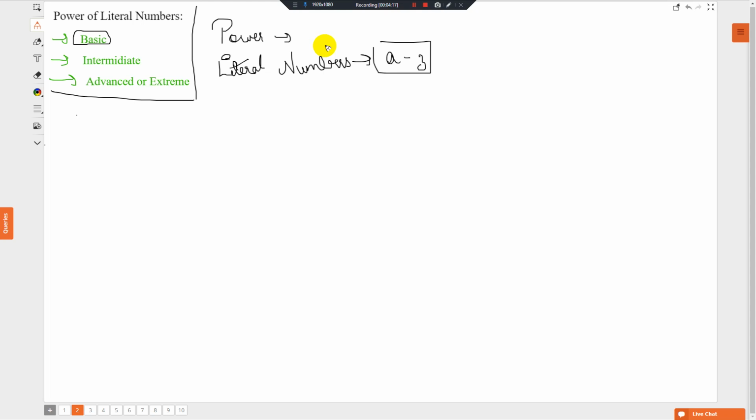Like in arithmetic, we have learned about repeated product.